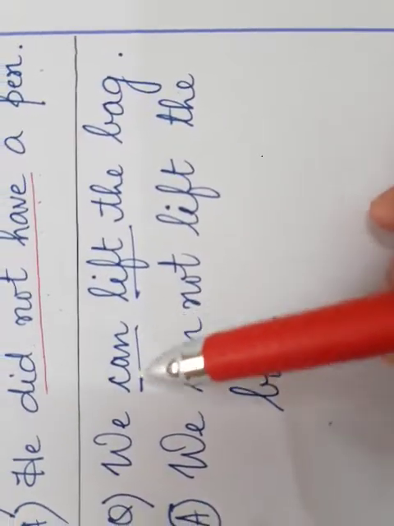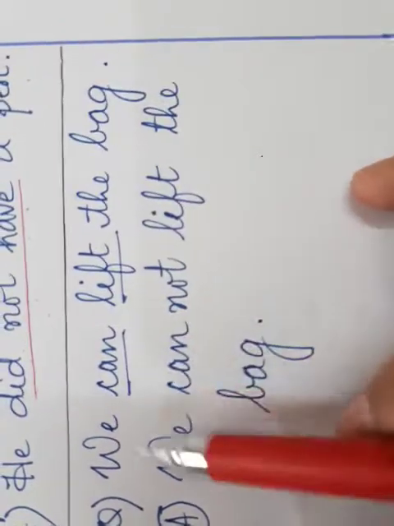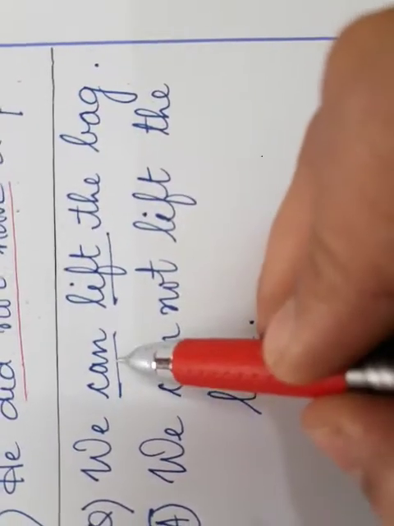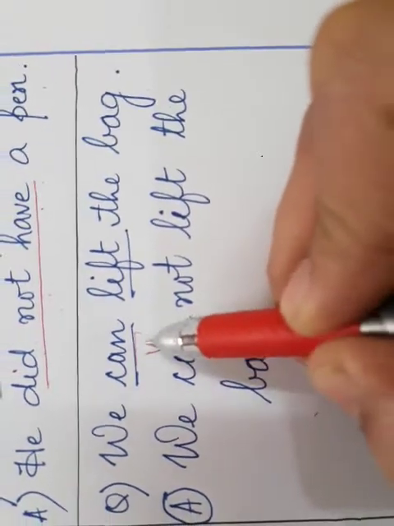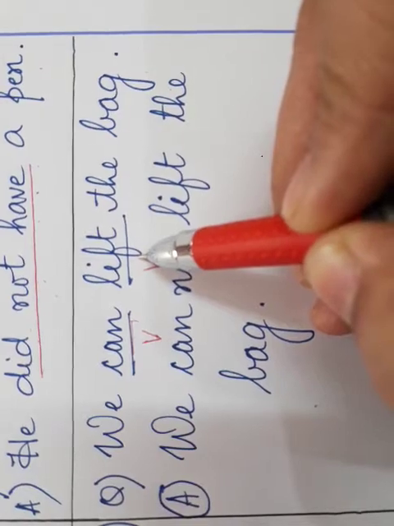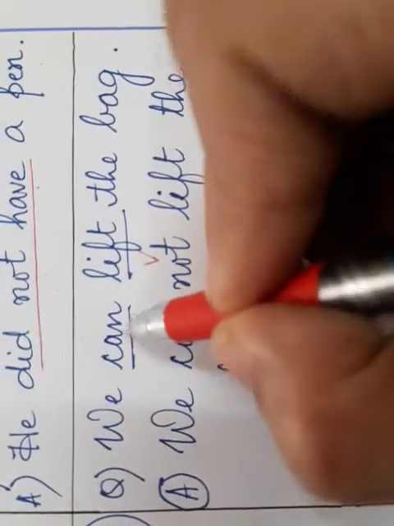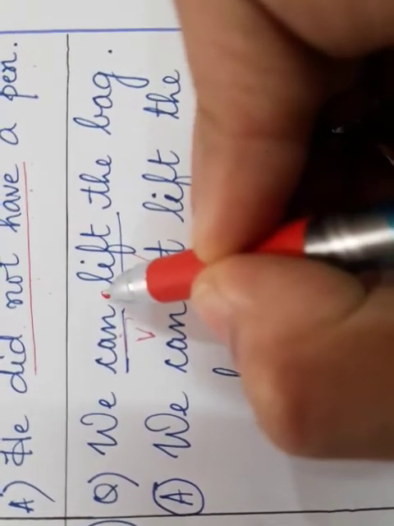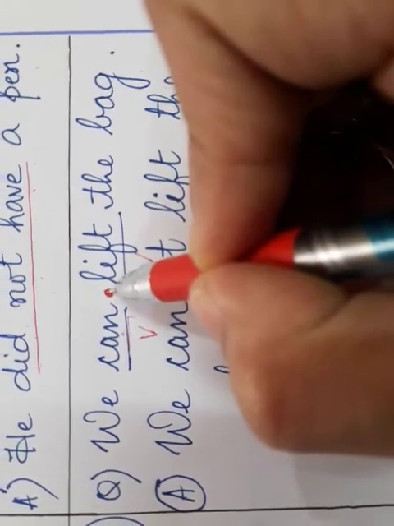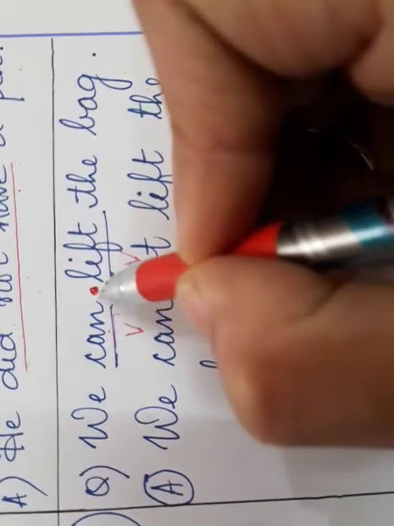if our question is, we can lift the bag. Here the word can is a verb and lift is also a verb. So according to the rule, what are we supposed to do? We have to add the word not just after the first word.